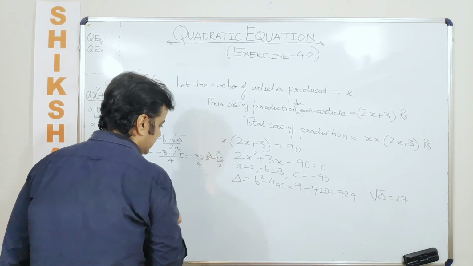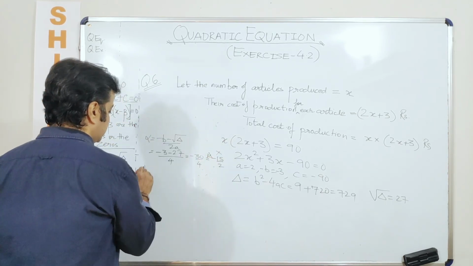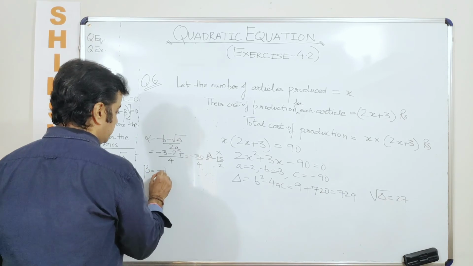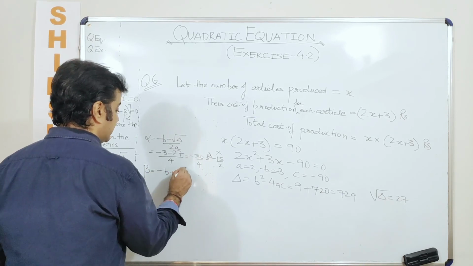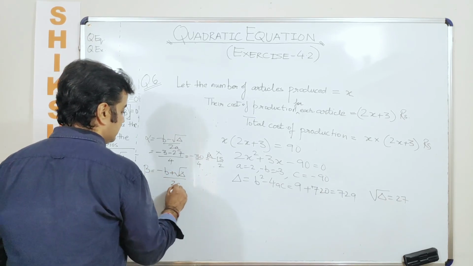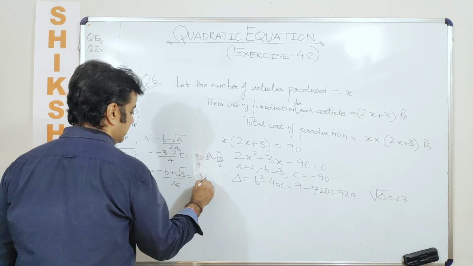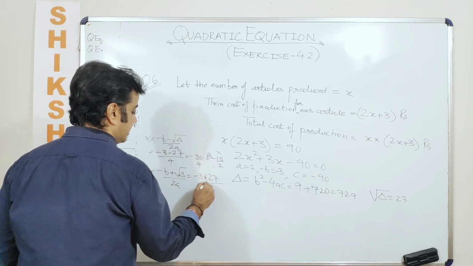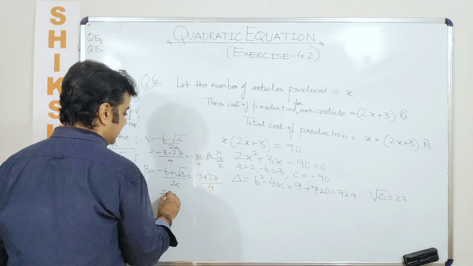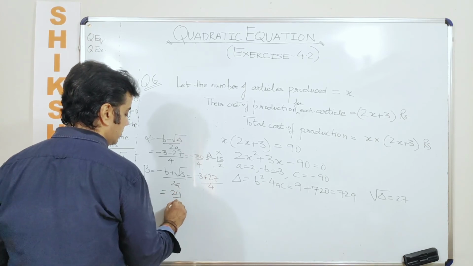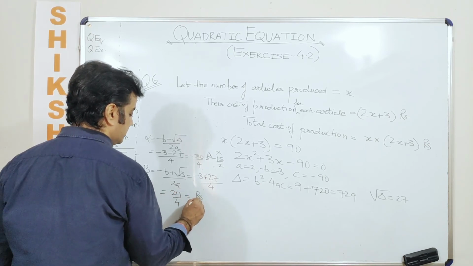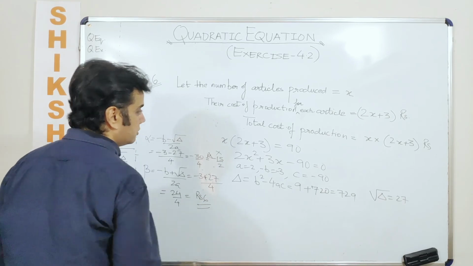You know rupees cannot be negative, so you'll have to neglect this root. The other root here is minus b plus root of delta upon 2a, which has to be understood as minus 3 plus 27 divided by 4, which is just like saying 24 divided by 4, which is just like saying 6 rupees.